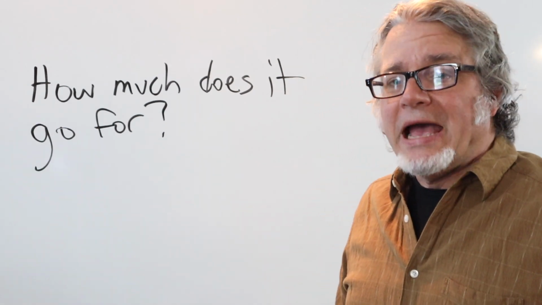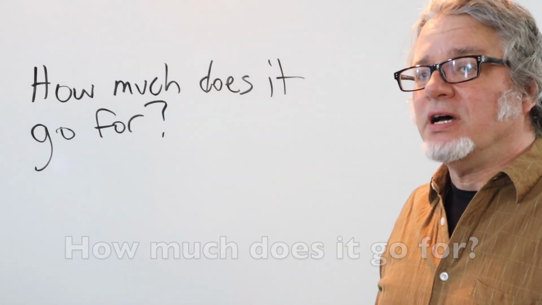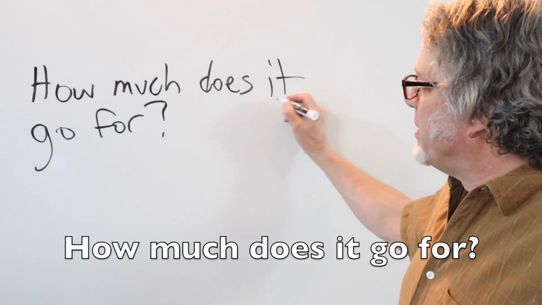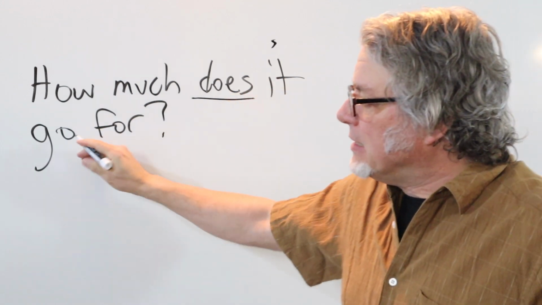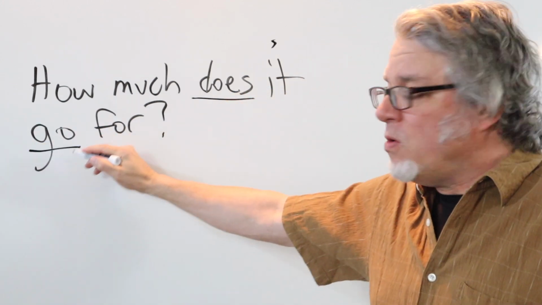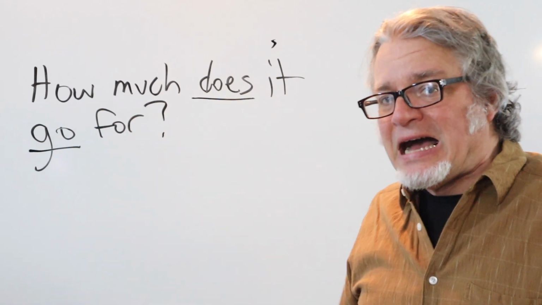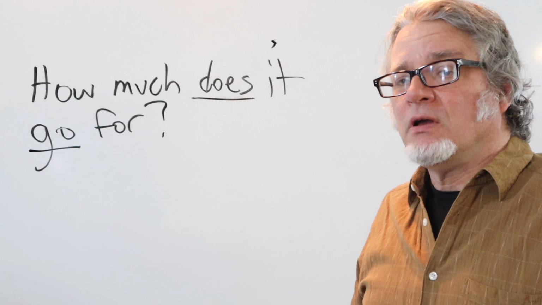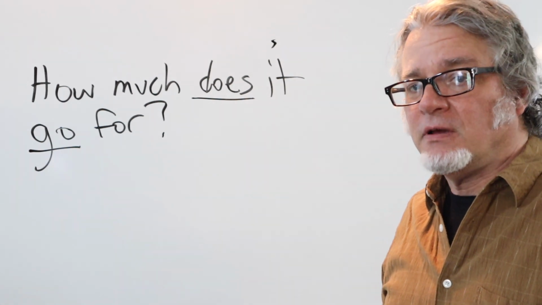Another way to ask about cost is with this question, how much does it go for? So here's the subject and then the helping verb. The main verb is go, and then there's this preposition. This is a common way of asking about cost, especially something that's more expensive.